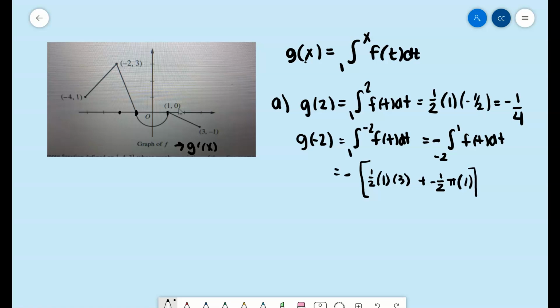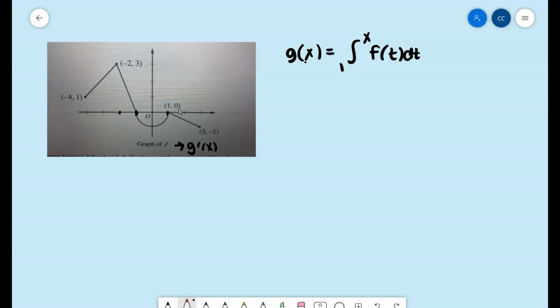And again, it's negative because it's below. So we get -3/2 minus a minus when you distribute that becomes a +1/2 pi. So the area under the curve is 1/2 pi - 3/2, meaning that the value of g of -2 is -3/2 plus 1/2 pi.